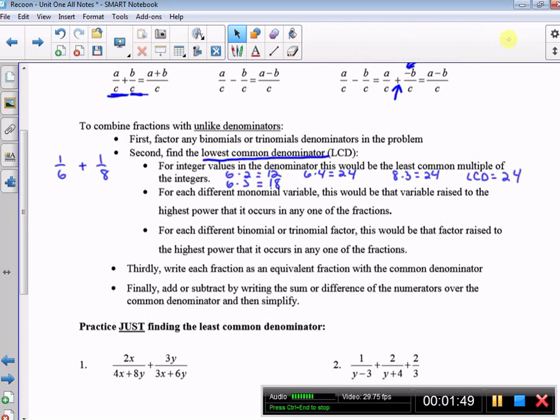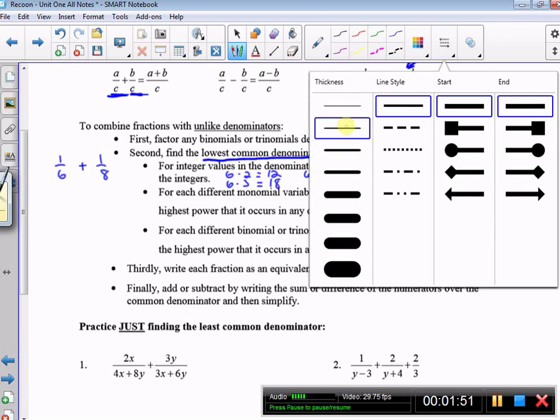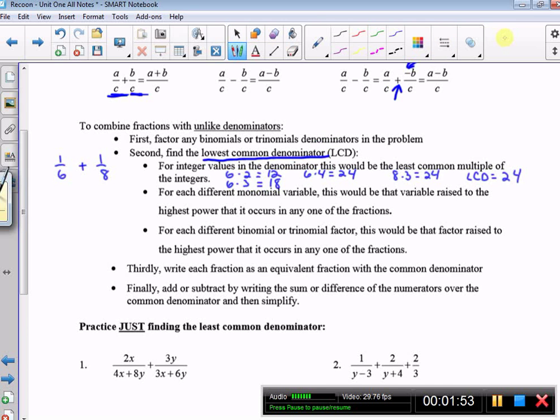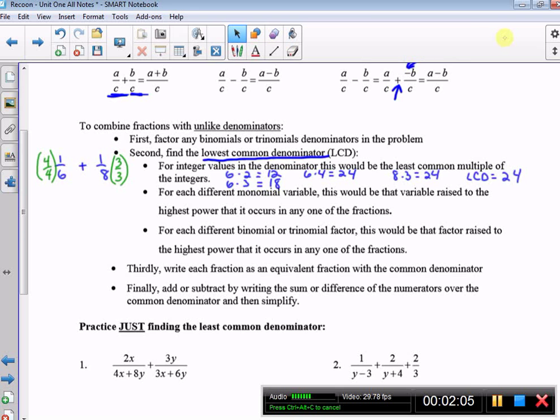So in this case, you would multiply the 6 by 4 over 4 and the 8 by 3 over 3, and you can then see your denominators would be the same. Right now we're just focusing on getting the lowest common denominator.